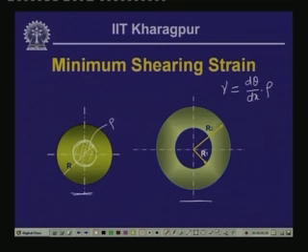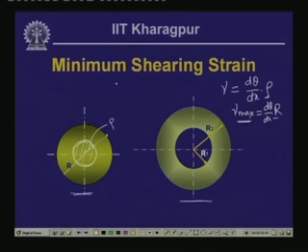This shearing strain becomes maximum when it reaches the outer periphery, which is equal to r. So, gamma max is equal to d theta by dx times r. When rho becomes r, then it becomes gamma max.